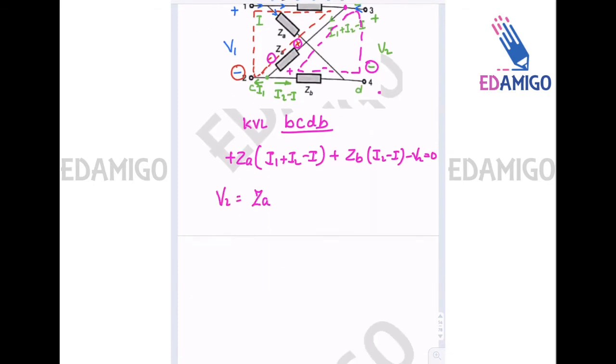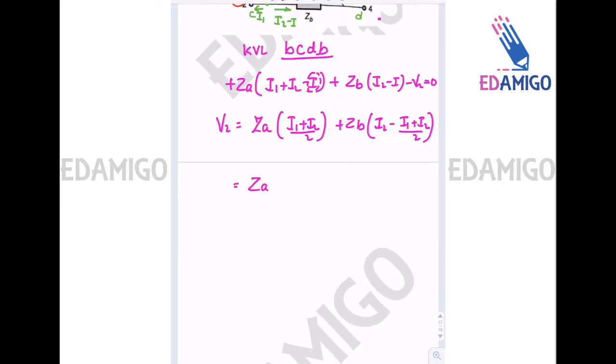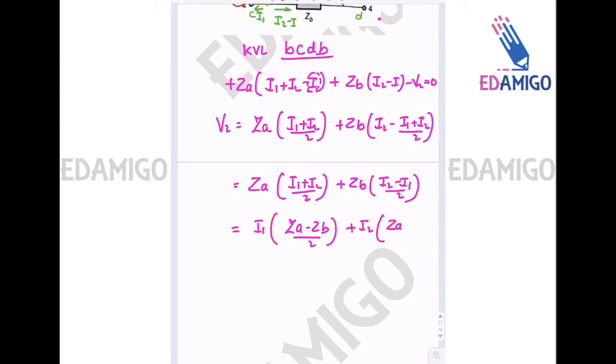So V2 is equals to ZA, putting the value of I here, we will get ZA into I1 plus I2 divided by 2, plus ZB into I2 minus I. So taking I1 as common, ZA minus ZB divided by 2, taking I2 as common, ZA plus ZB divided by 2 is equals to V2.